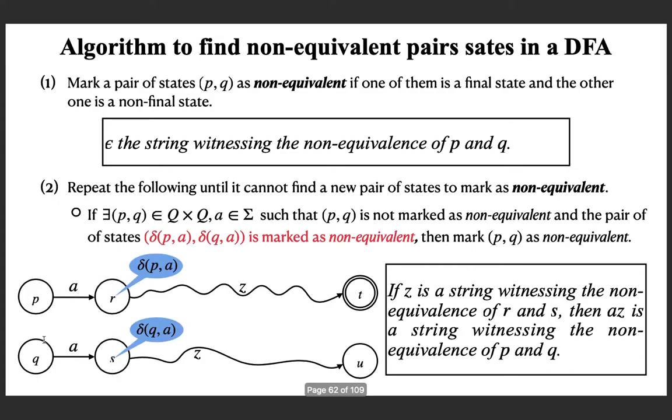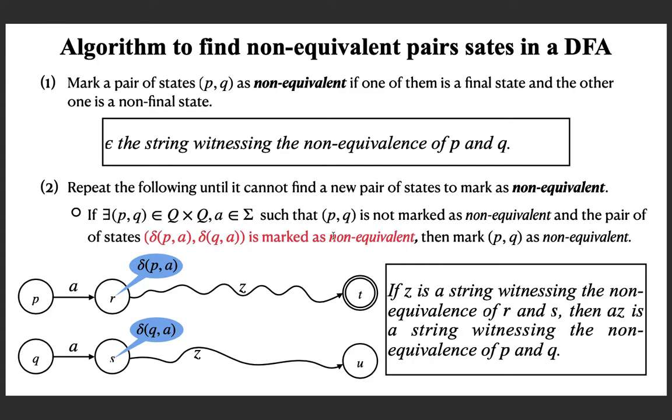If you have PQ as unmarked and on A you are reaching the pair RS from PQ and RS is marked, then you can mark PQ as well. So that's the algorithm. These are the only two steps in the algorithm, and step 2 is in a loop.